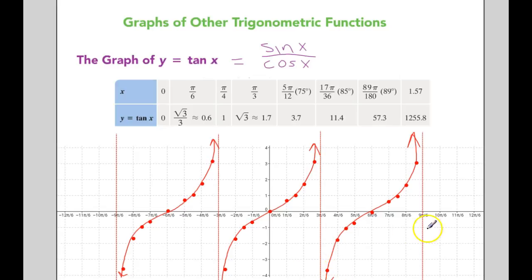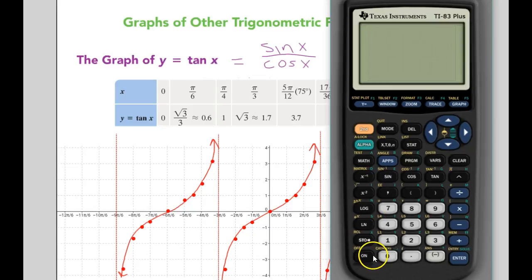Alright, so anyway, that's what they look like. They would keep going. There'd be another one out here. There'd be another one here. But they have that same cubic looking pattern over and over and over again. The tangent function does. Now, if you were graphing this on a graphing calculator, one of the bad things about these older graphing calculators is they don't handle vertical asymptotes very well.